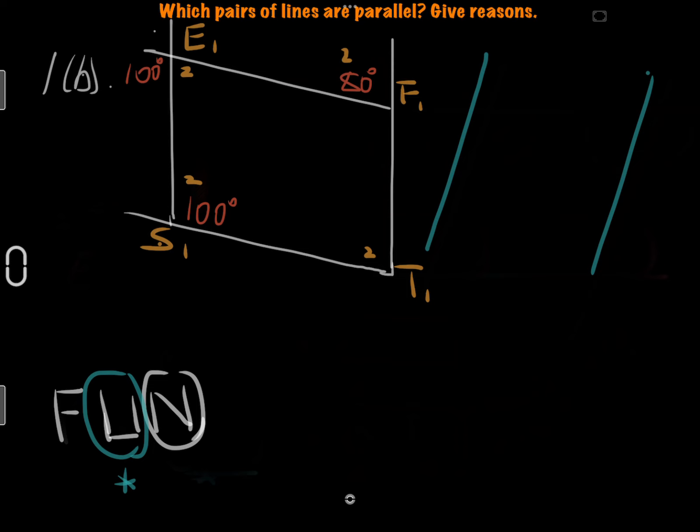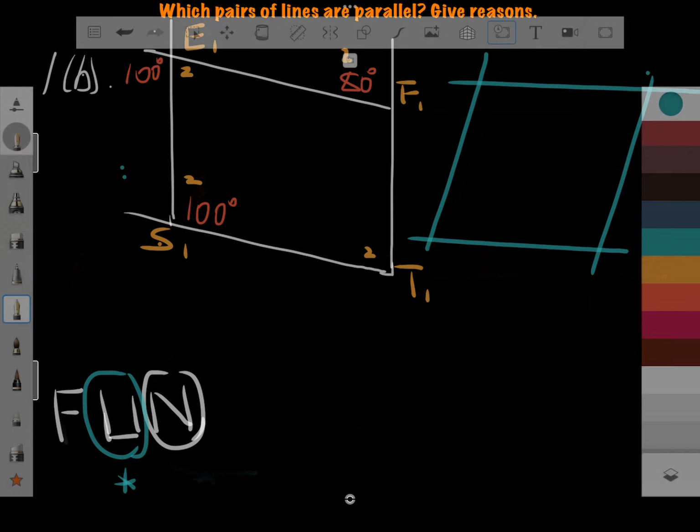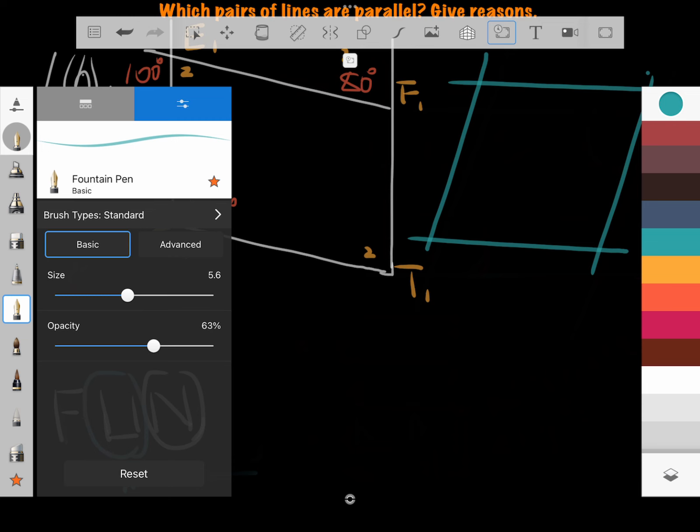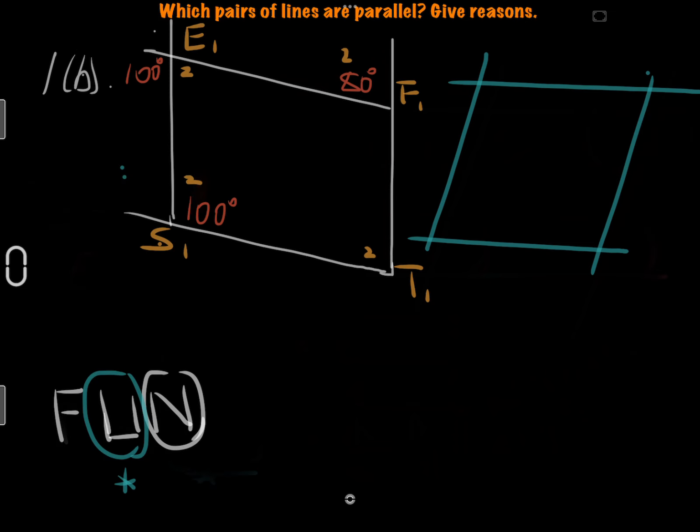This is simply to make it easy so that you know exactly if lines are parallel or not. Here we have angle A, B, C, D, E, F, G, H, I, J, K, L, M, N, O, P.